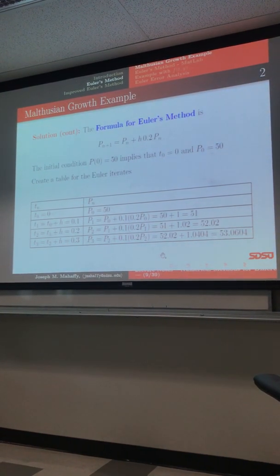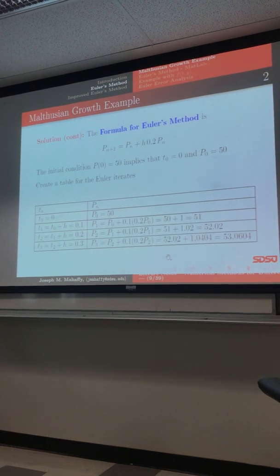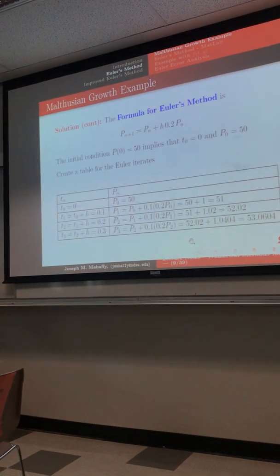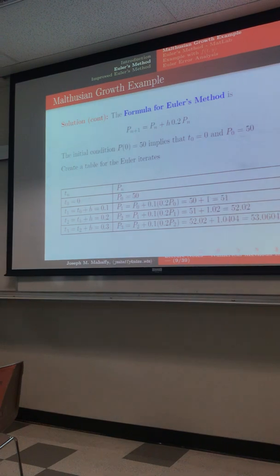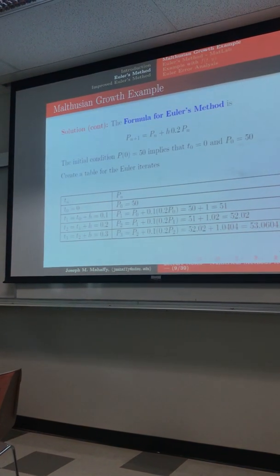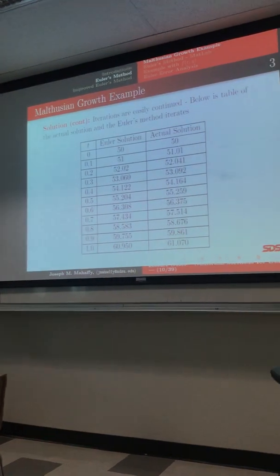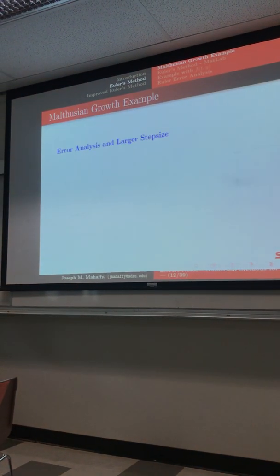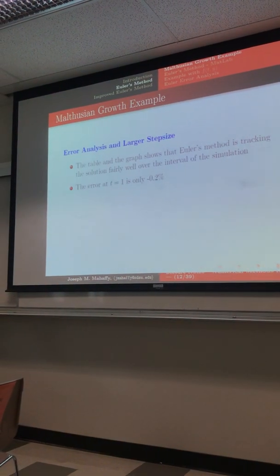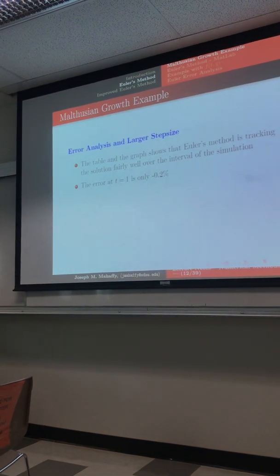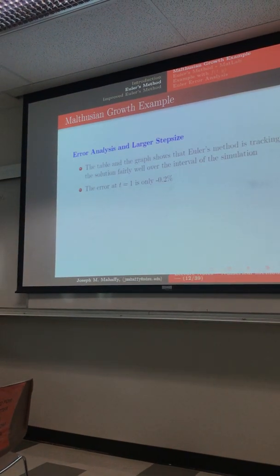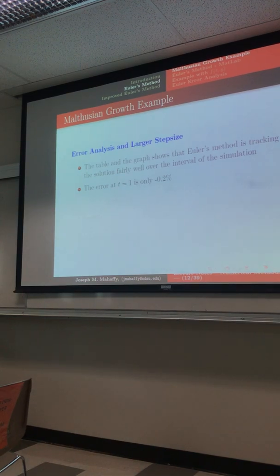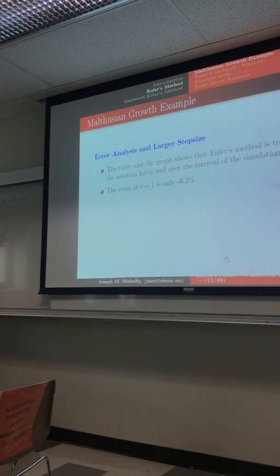But does everybody agree this is a simple method to do? It really is easy, it's intuitive, and so we can get these solutions, we can create graphs on them, and so forth. So we saw that for this particular one, at time t equals 1, we only had a minus 0.2% error.